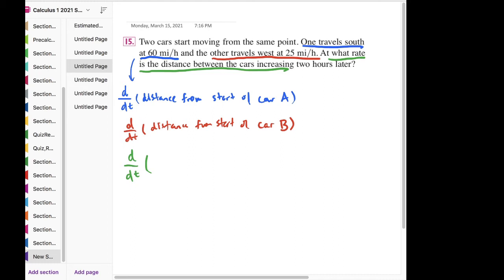I mean, it says it right there. Yeah, distance between car A and car B. Okay, then we'll get to this when we get there.